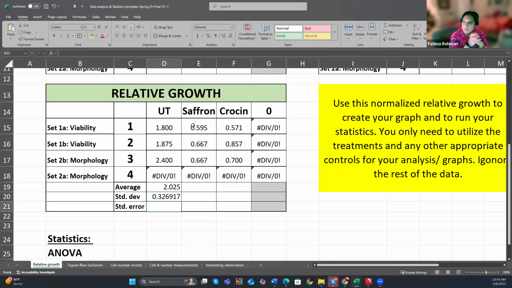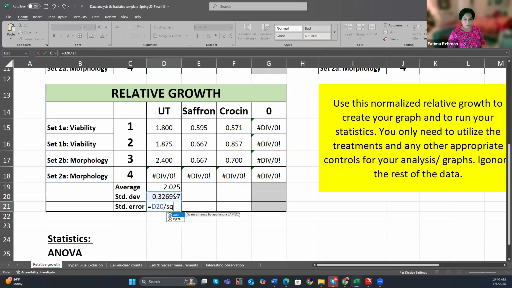Standard error takes into account your n number. How many data points did you have to make up that average? In this case, our data points are 3, n equals 3. That's the number of replicates I have on mine. Yours might have 4. So I'm going to do equals standard deviation divided by the square root of the n.